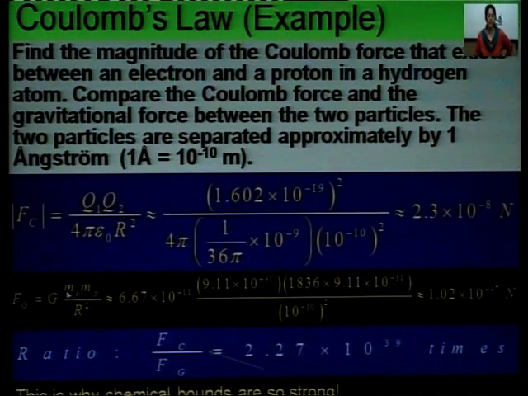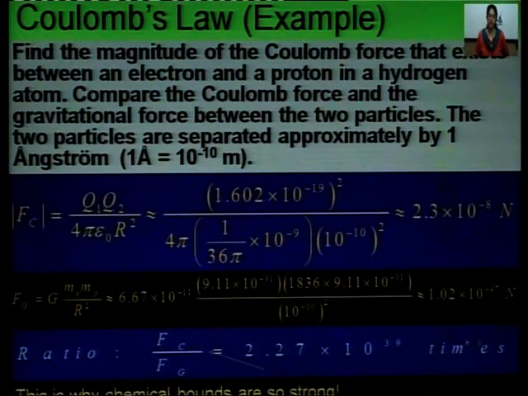After that, mass of electron and mass of proton. Mass of electron is 9.11 into 10 power minus 31, and mass of proton is 1836 times that of mass of electron. So substituting all these values and solving, the magnitude of force comes out to be 1.02 into 10 raised to the minus 47 Newton.